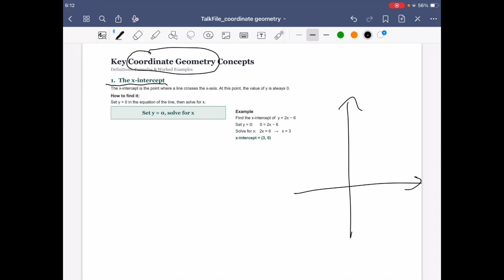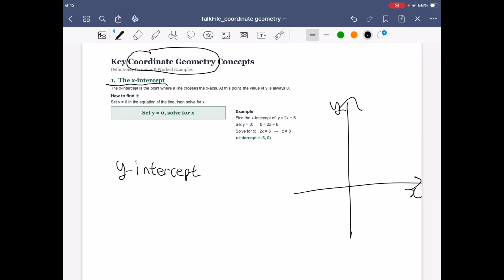What is the x-intercept? I'm pretty sure it's straightforward for everyone because we've already covered the y-intercept. So the definition of y-intercept was the point where a line crosses the y-axis.